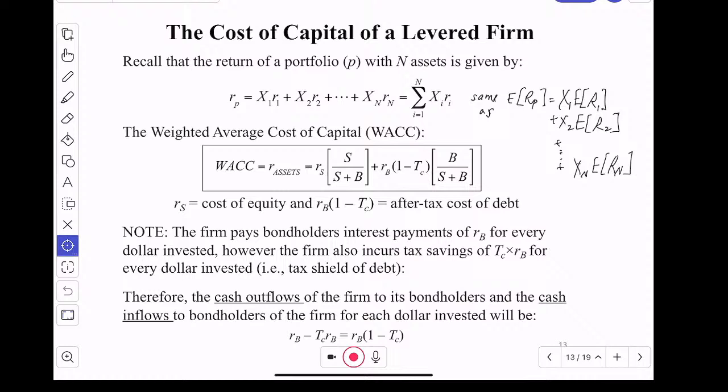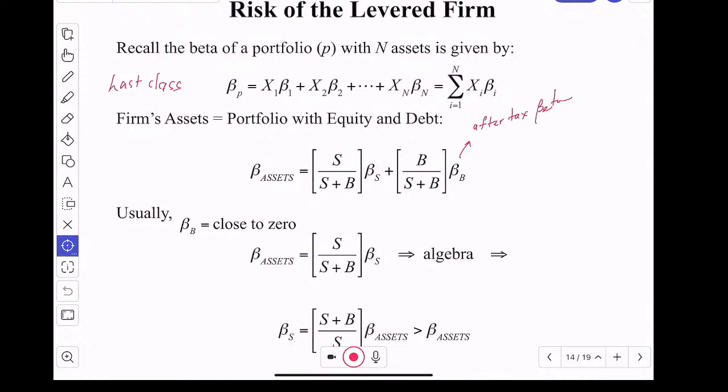And on the other hand, investing in debt is less risky because there is a legal claim on the profits that the firm makes by bondholders. So this could be low.